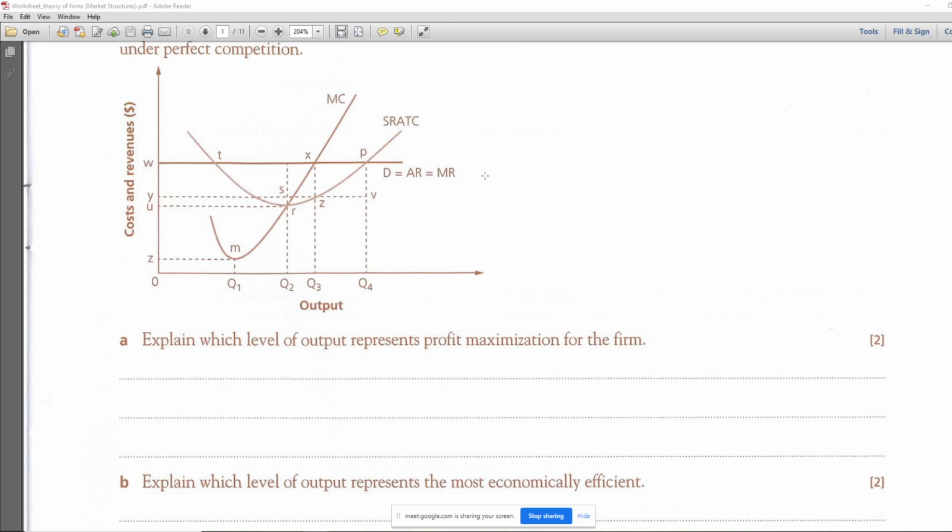Society is very good in terms of distribution of resources. So at Q3, in this diagram, you can find allocative efficiency.